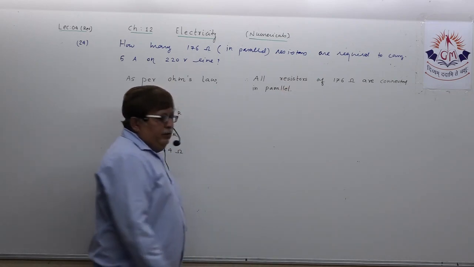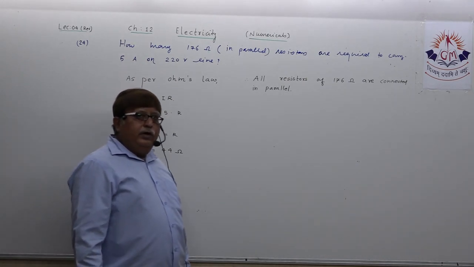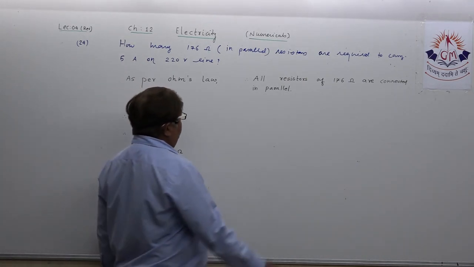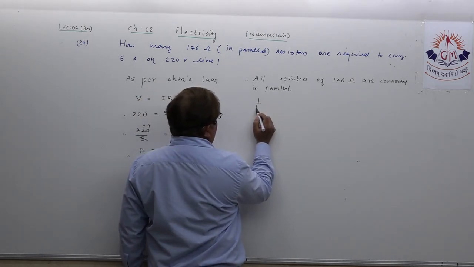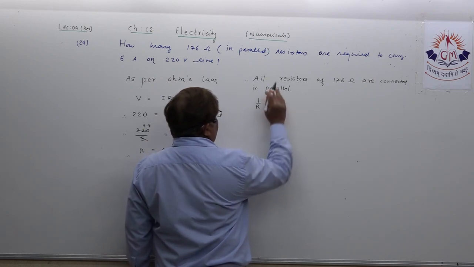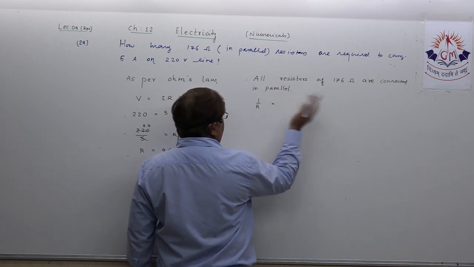Okay, so what is the formula for parallel connection? You all know very well, 1 upon R. Here I am not assigning any number R1, R2, R3 because all are equal.